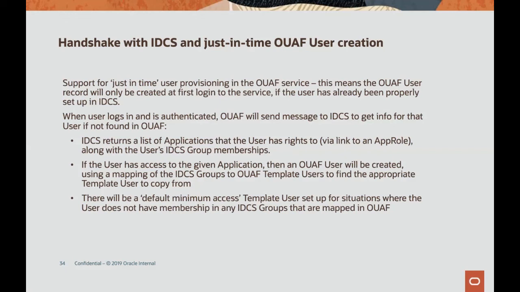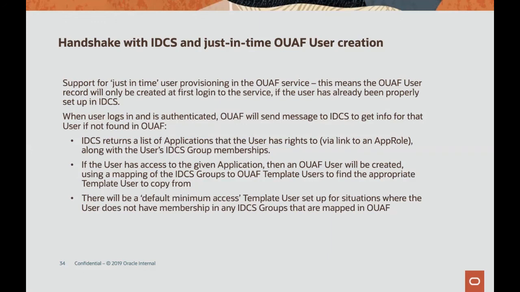If they've never logged in before, we're going to check what groups they are in IDCS. What does IDCS know about them? When we get that list of groups, we can see if there's a mapping of the IDCS groups to template users, and if so, we can then create their user record with the appropriate setup from a template user that you've defined.